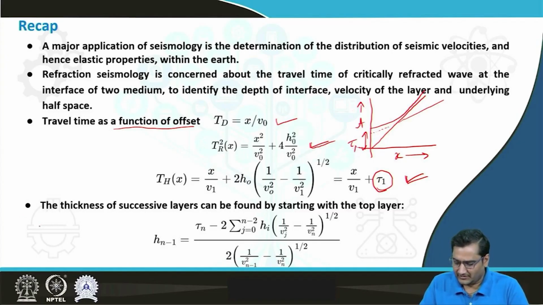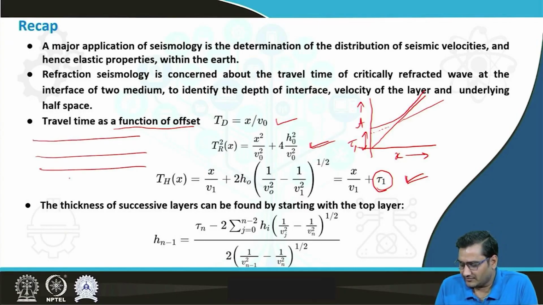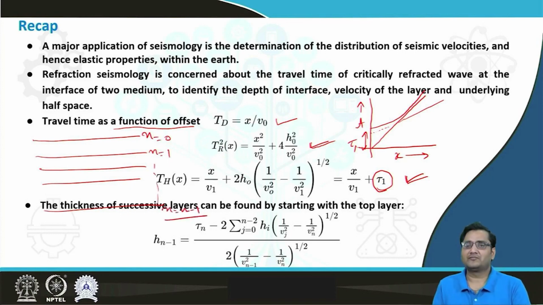Likewise, what we learnt in the previous class is that the thickness of the successive layers can be found by starting with the top layer. If you have n layers, with the top layer n equal to 0, then n equal to 1, and so on up to n minus 1, the successive thicknesses can be calculated using equations 1 and 2 of the previous lecture, for the intercept time and the crossover distances.